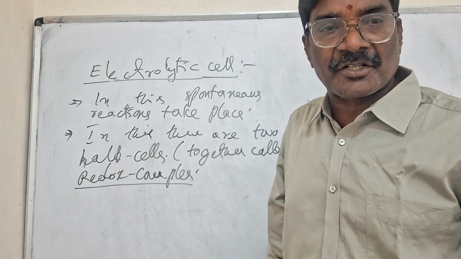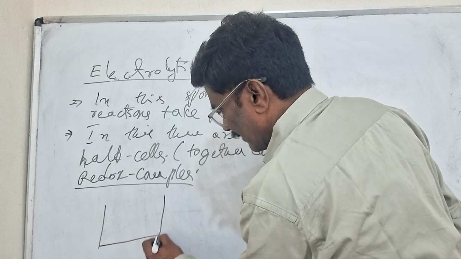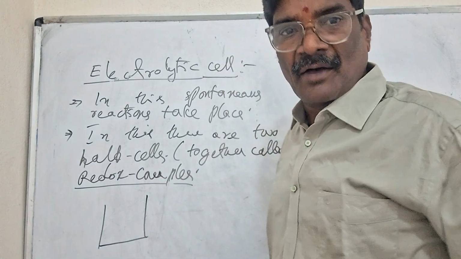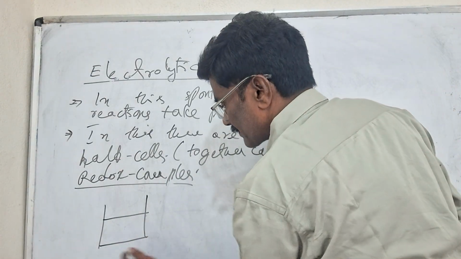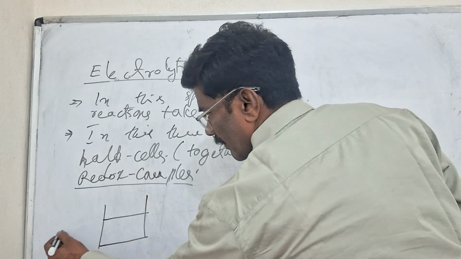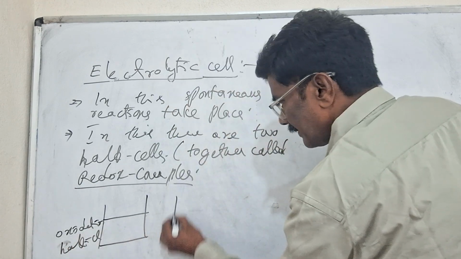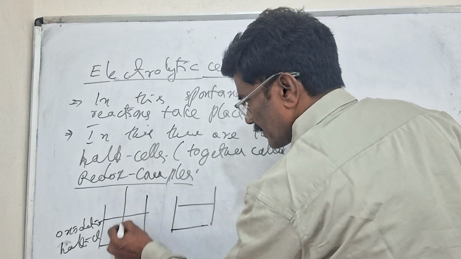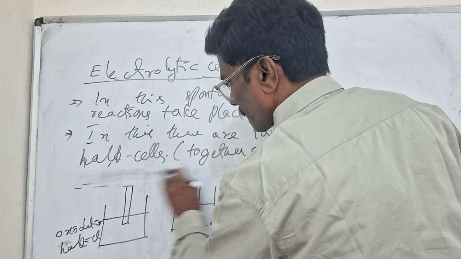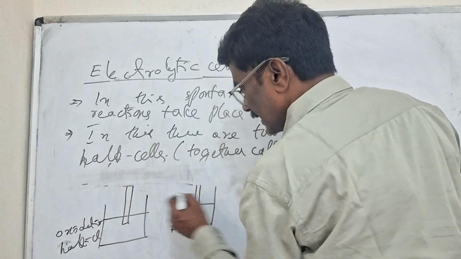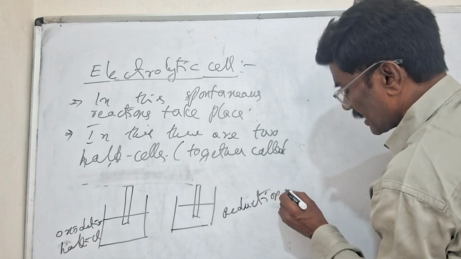The general convention for the diagrammatic representation of this cell is that on the left side we always keep the oxidation half cell, and on the right side we take the reduction half cell.